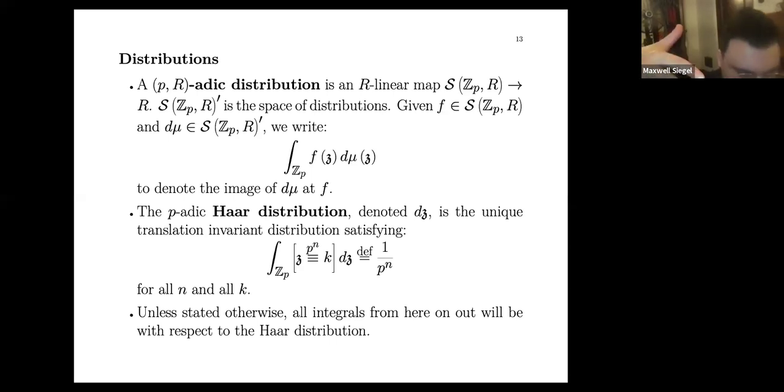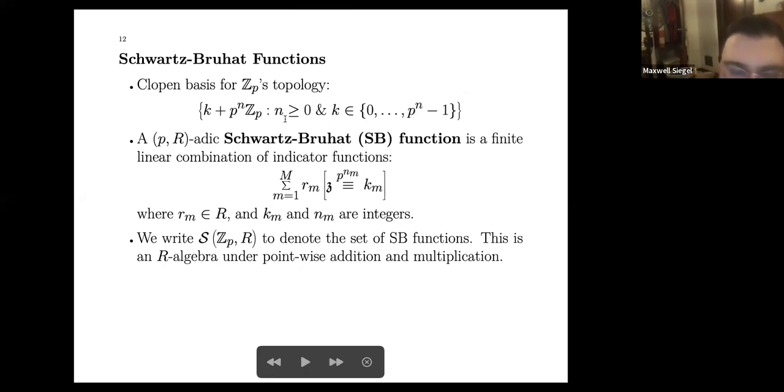And the weird part is, when you go through this, it turns out that if you define a measurable set as a set whose indicator function is measurable, then since the integrable functions are the continuous functions, the only measurable sets are those whose indicator functions are continuous. In this case, we know that these are a clopen basis for the topology, so the indicator function of a set of this shape is always going to be measurable.